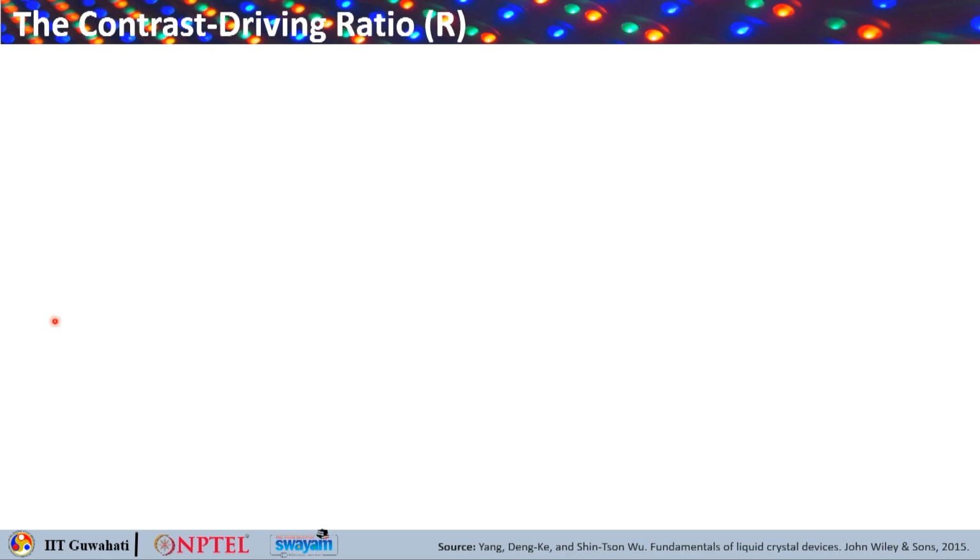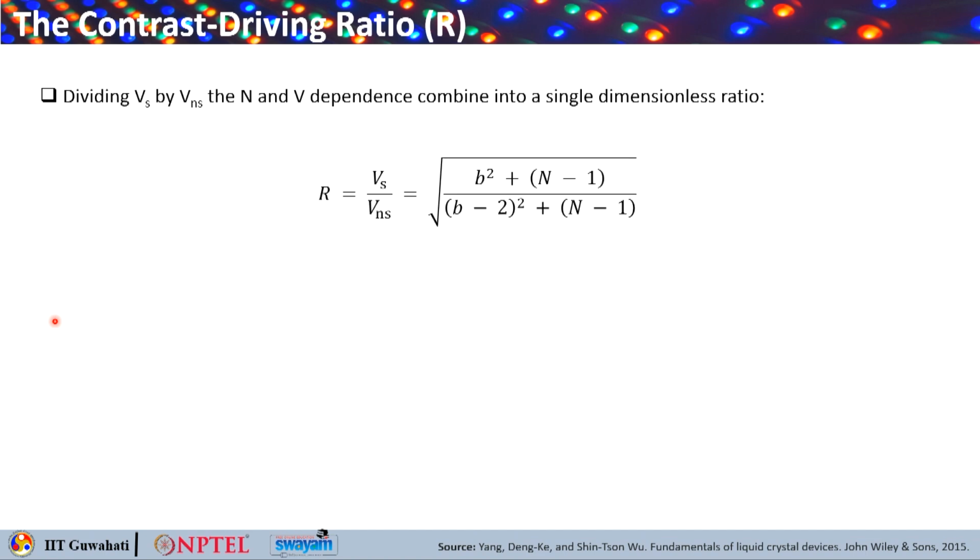So let us start our discussion with the contrast driving ratio R. This particular slide forms the single ratio R equals Vs over Vns. You can understand that this R is nothing but the ratio of the voltage of the selected pixel over the non-selected pixel's voltage, right?